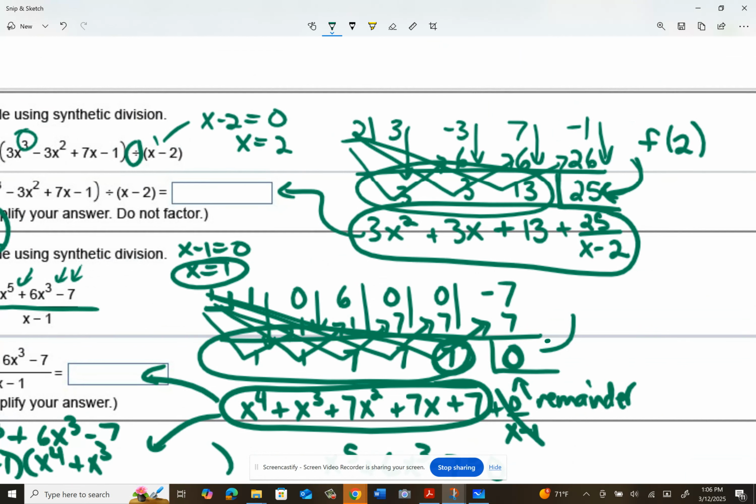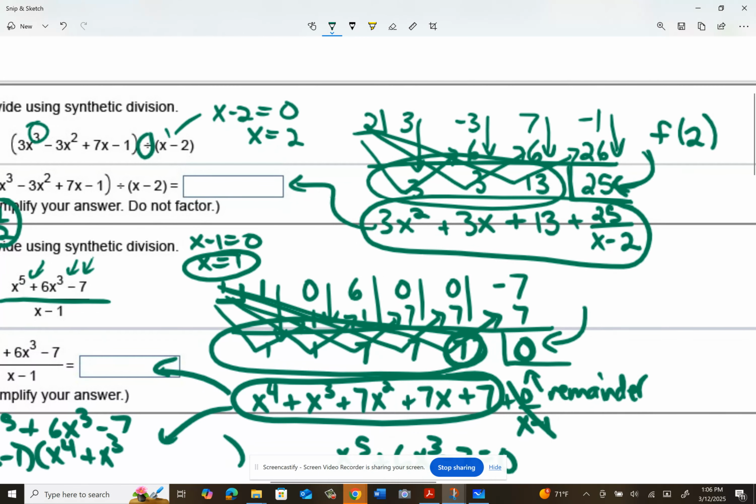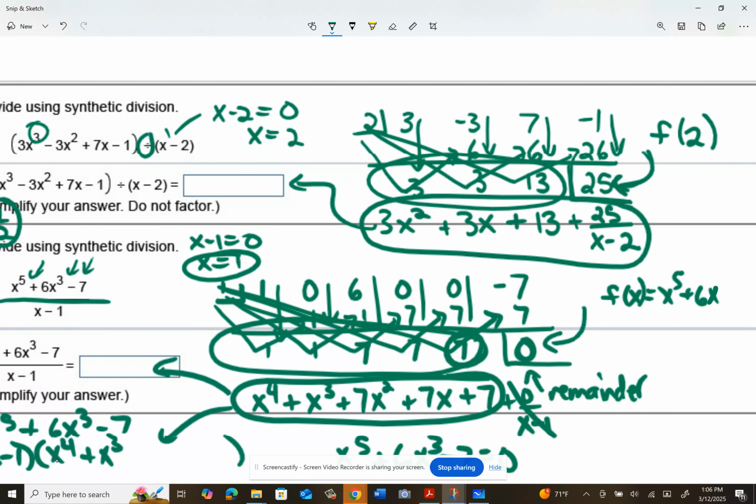Okay, this right here was the value of, if f of x were equal to x to the fifth plus 6x to the third minus 7, that spot right there would have been the value of the function at 1. And it did equal 0. So that meant 1 is a solution of that, is a 0 for that function. It's a solution of the polynomial equation.